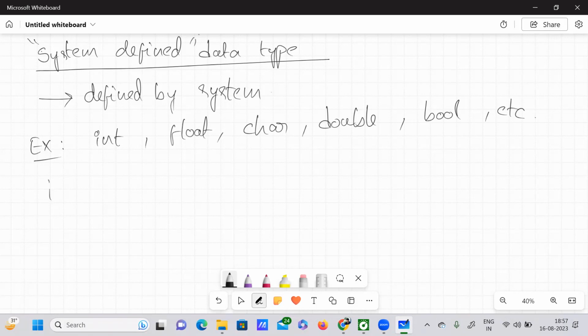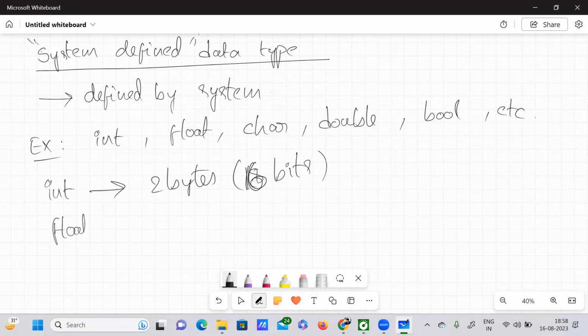And actually earlier we have seen that an integer usually takes some 2 bytes, in the sense 16 bits, and a float usually takes some 4 bytes. Maybe it would take some 32 bits here.